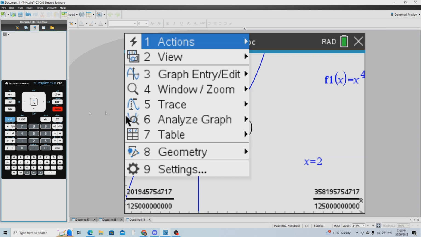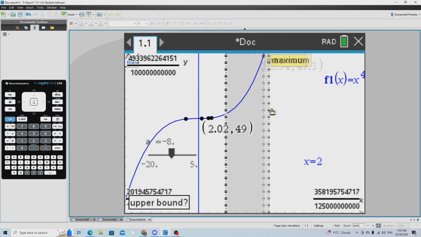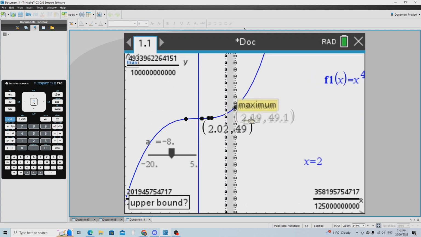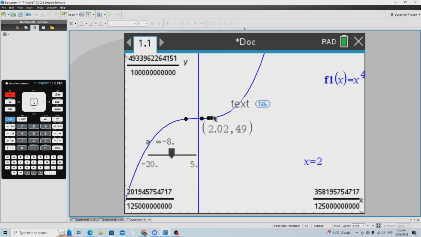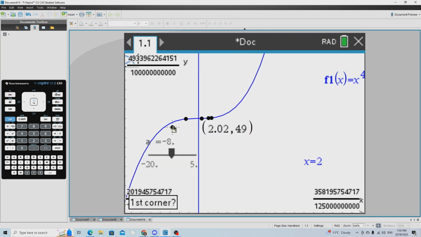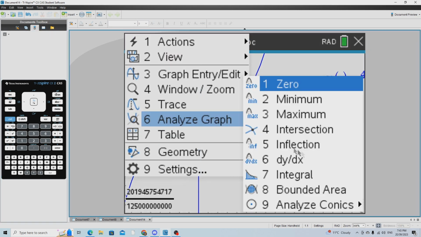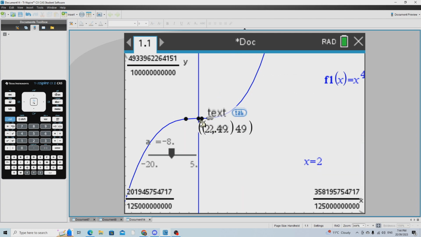Here a minimum, what about a maximum? No, there is nothing. We can see that there isn't an actual maximum point over here. It's just a point of inflection. If I'm not mistaken, it should be a point of inflection. Let's double check. Not intersection, inflection. Yeah, it's an inflection point.